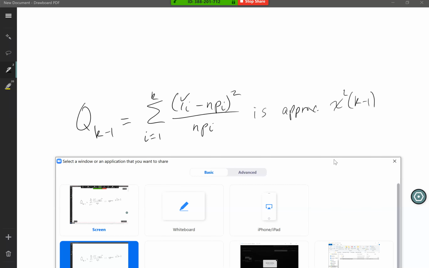Yes. Because we would expect that if p sub i really does represent the probability that a particular observation should land in category i, then the expected number over n trials should be close to the number of observations that you actually make. So this value on top really should be close to 0.